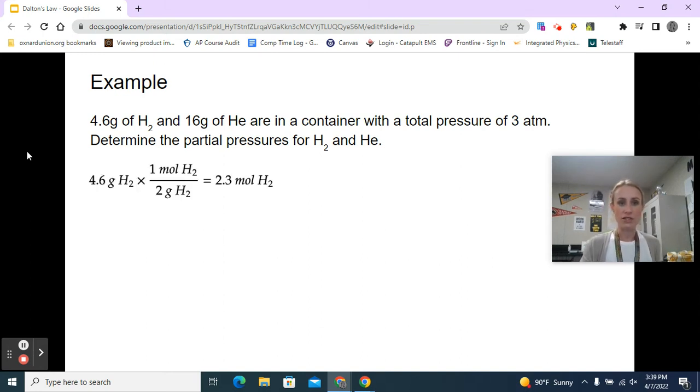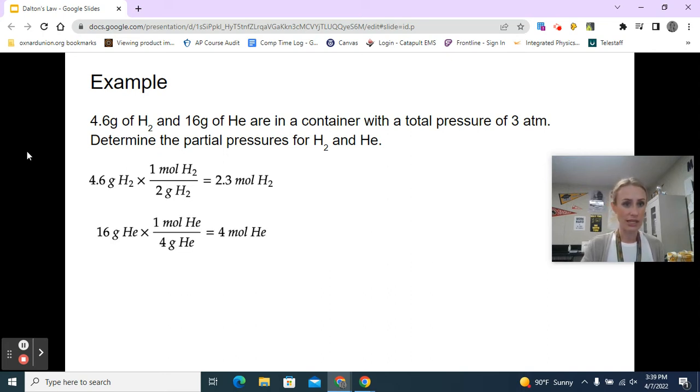So we have 4.6 grams of hydrogen, and I'm converting that to moles. Since it is H2, because hydrogen is, of course, a Brinkelhoff element, 1 mole of hydrogen is 2 grams. And so using our mole conversions there, grams cancels out, and we get 2.3 moles of hydrogen.